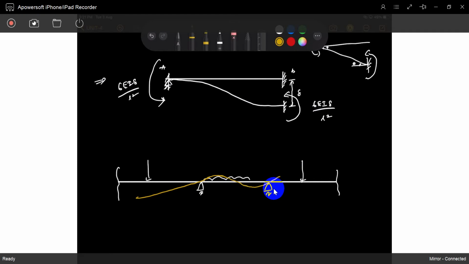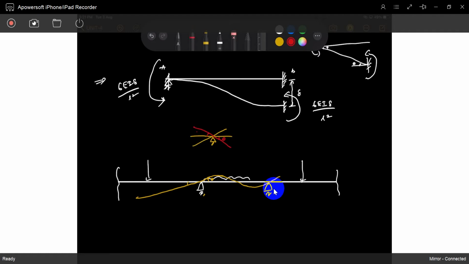If you see, these are the intermediate rigid supports. That means it experiences a slope but maintains that slope and the deflection. If it is an intermediate support, it will deflect like this, otherwise like this. So it will maintain exactly theta.